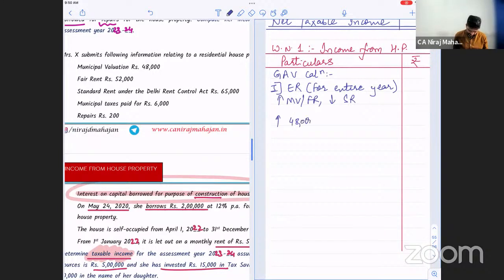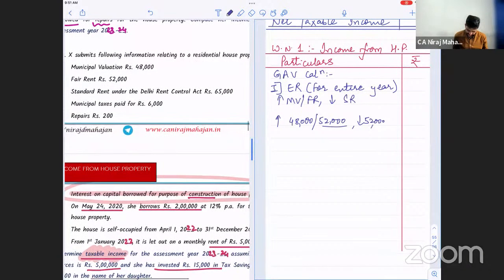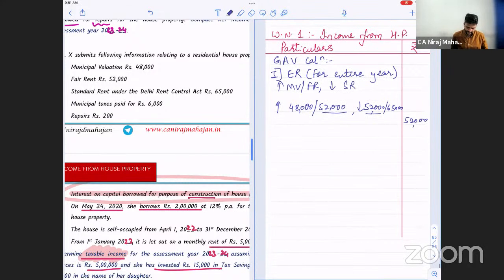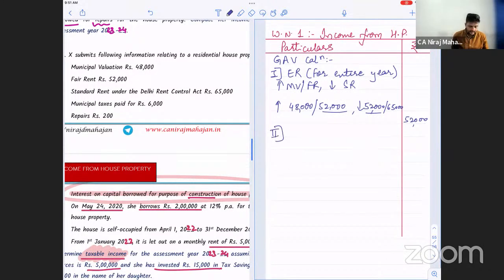So higher of MV or FR, subject to SR. Higher of 48,000, 52,000, is 52,000. Lower of 52,000 or SR, which is 65,000. So our answer is 52,000. That is my expected rent. Second, actual rent.